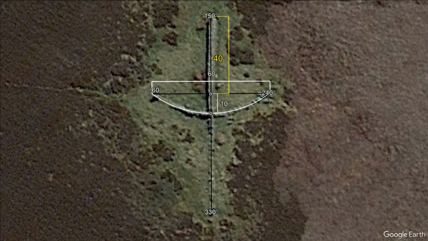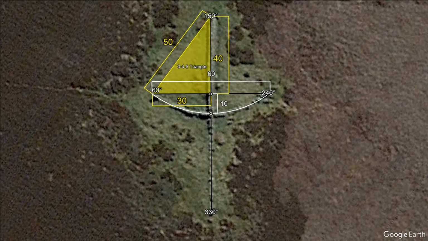So if we subtract 10 from 50, we get the remainder up to the south standing stone as 40. Now, this is important to realize that the half of the chord is 30, and now we have a 30-40 relationship. And therefore, we can set up a 3-4-5 triangle where we have 30, 40, and 50.